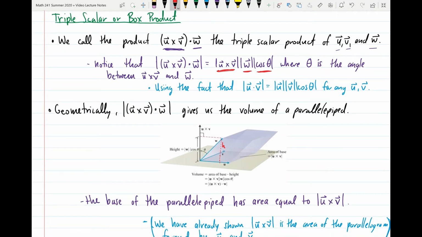This just uses a fact that we already know about the dot product: u dot v is equal to the magnitude of u times the magnitude of v times cosine theta.